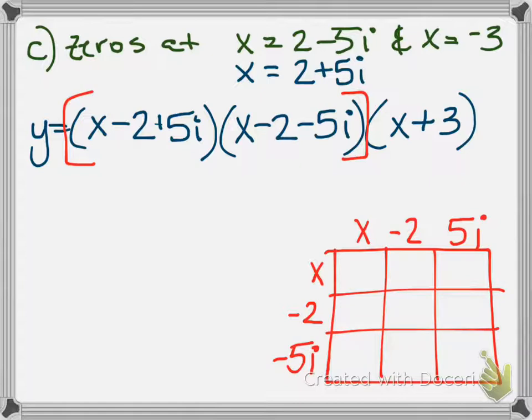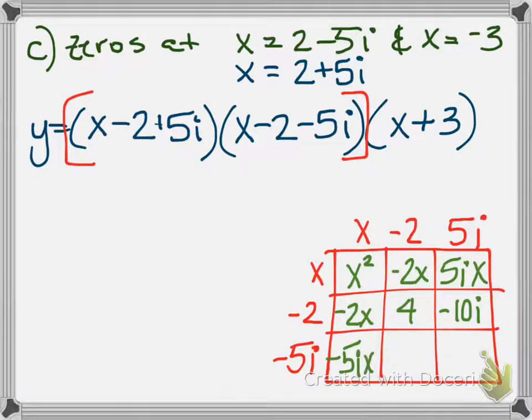So let's go through and fill that in. x squared, negative 2x, 5ix, negative 2x, positive 4, negative 10i, negative 5ix, positive 10i, and negative 25i squared. Sorry if that one is a little hard for you to see.